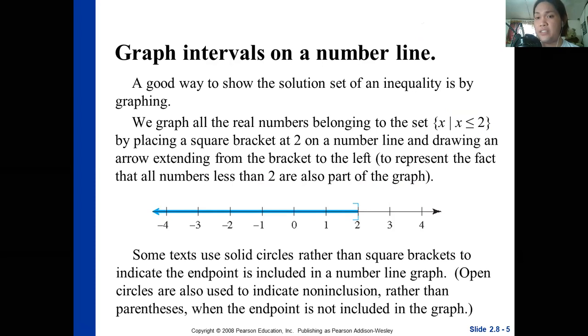Rather than parentheses, when the endpoint is not included in the graph, that's how you use the open circle, or the parentheses as another form of graph for inequalities.